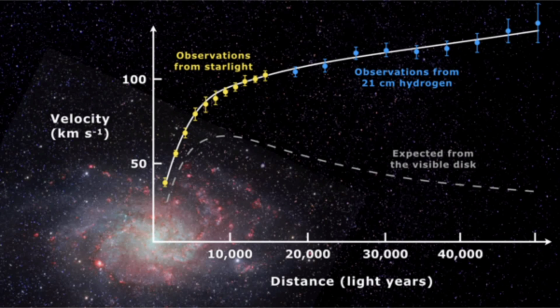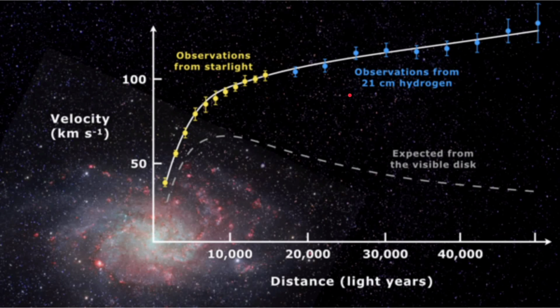So, there is a lot of dark matter in our universe. And we can see that from the 0 light years mark to about 15,000 light years, it is shown that they are observations from starlight. And from about 20,000 light years to infinity, they are observations from 21 centimeter hydrogen.